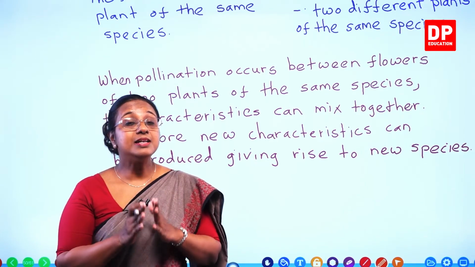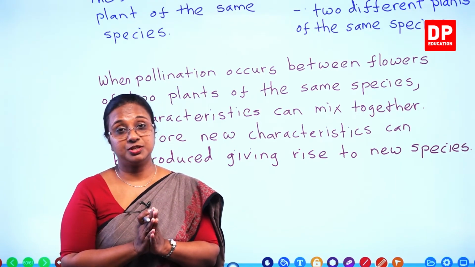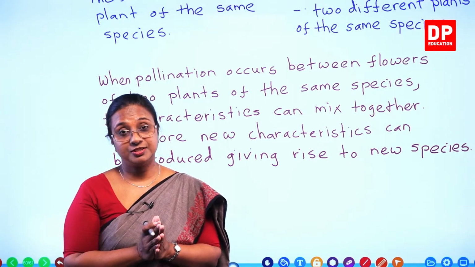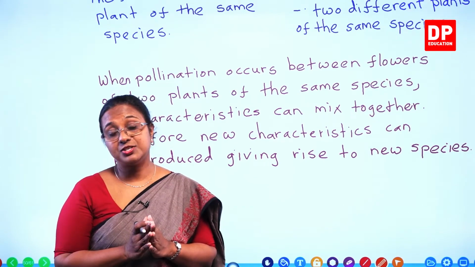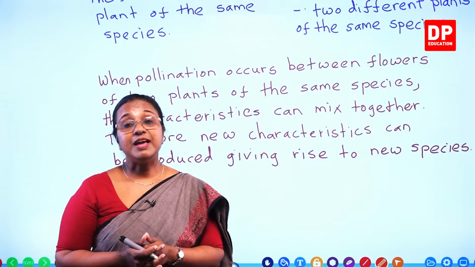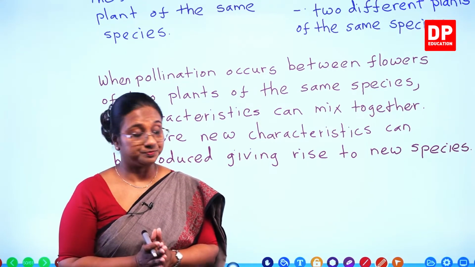Therefore, plants have adaptations to prevent self-pollination and to promote cross-pollination. So now we will discuss some of these adaptations shown by plants in order to prevent self-pollination and to promote cross-pollination.